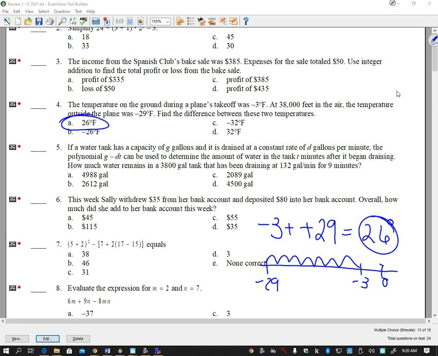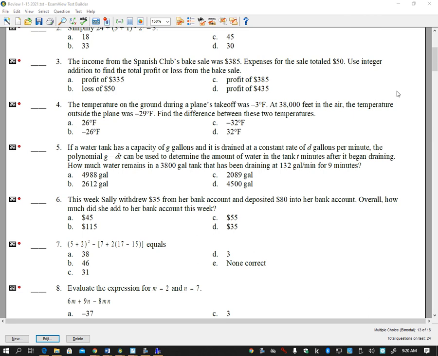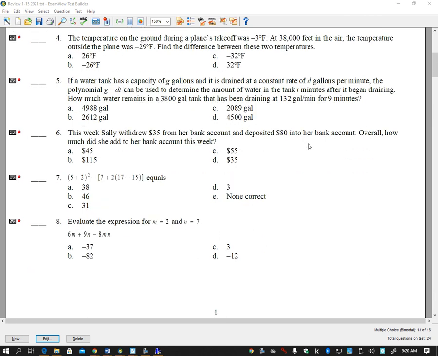I'm guessing if you look in your answer key, you're going to find that A is the answer for number 4, correct? Okay, so don't get caught up in the fact that these are two negative numbers, so my answer has to be a negative value. Okay, pay attention to the math. All right, what was that? That was 4. Let's go down to 19.